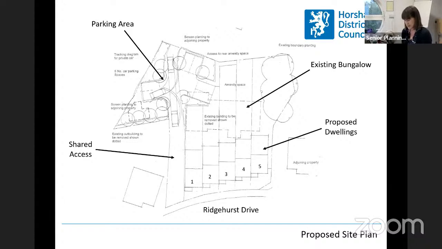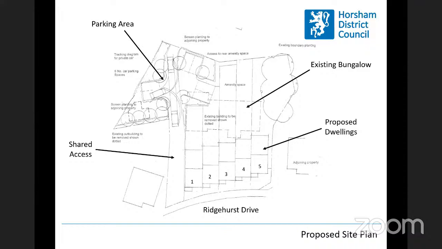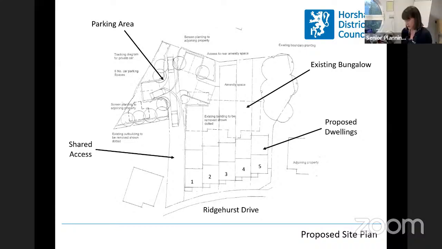The existing shared access located to the west of the site would be utilised, leading to a communal parking area, providing a total of 6 vehicle parking spaces. Minimum distances of approximately 5.3 and 5.9 metres would be maintained to the closest neighbouring properties to the north, east and west.